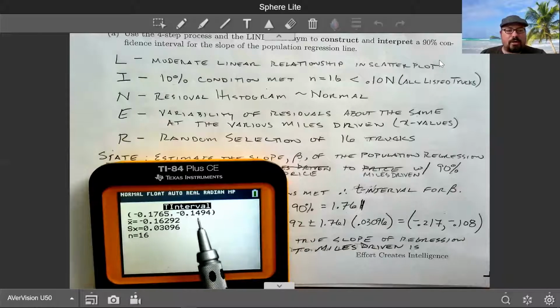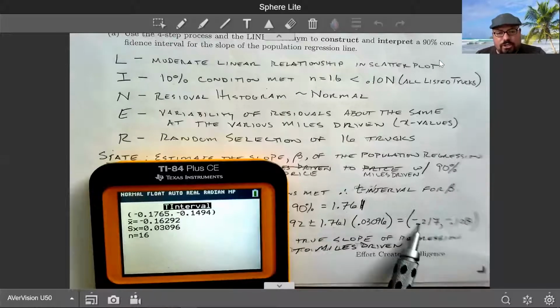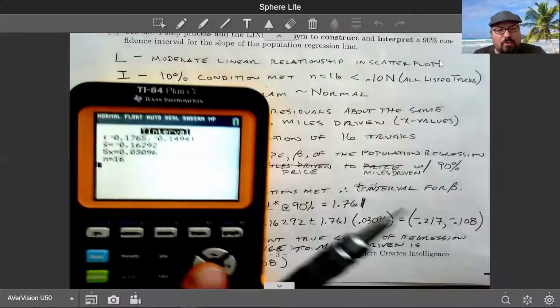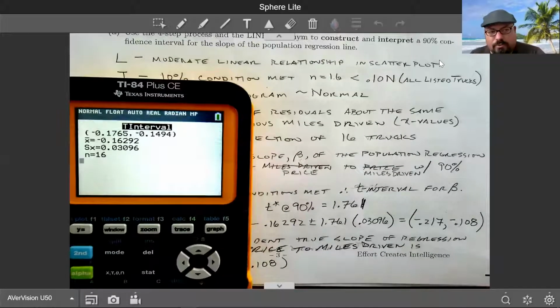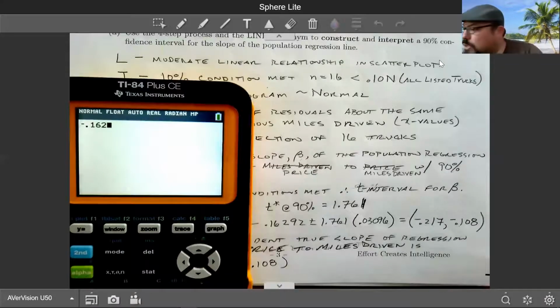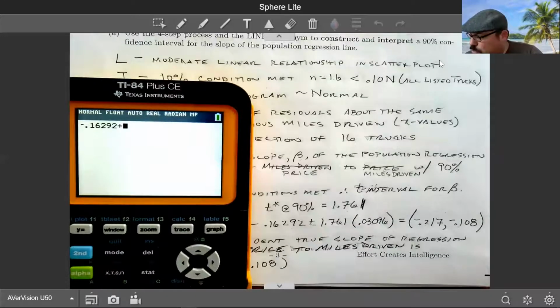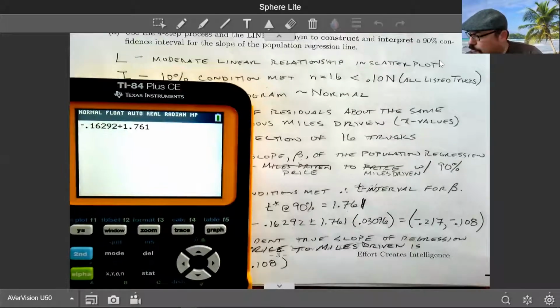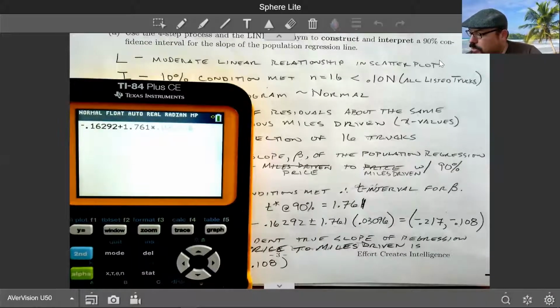And we look at this and say, hey, wait a second, why did we not get our same value? Well, let's just double check to see what would be occurring here. We have negative 0.16292. Is that the right number? Yes. And then plus 1.761 times 0.03096.